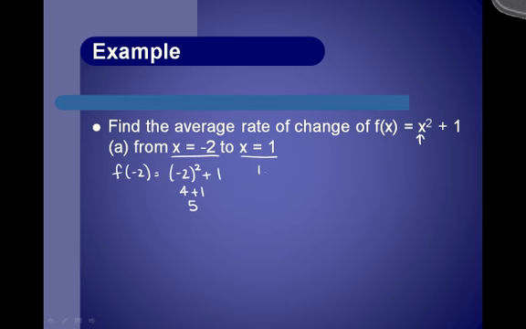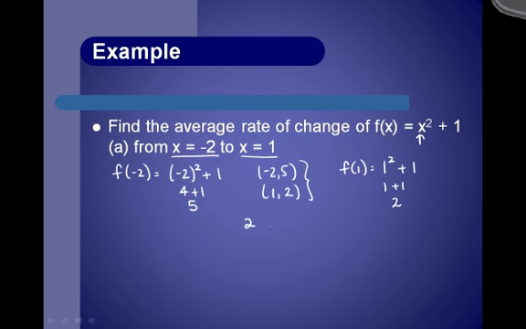So this gives us the ordered pair negative 2, 5. f of 1 means we're going to plug in 1, so that's 1 squared plus 1, which is 1 plus 1, which is 2. So when x is 1, y is 2, so our second ordered pair would be 1, 2.